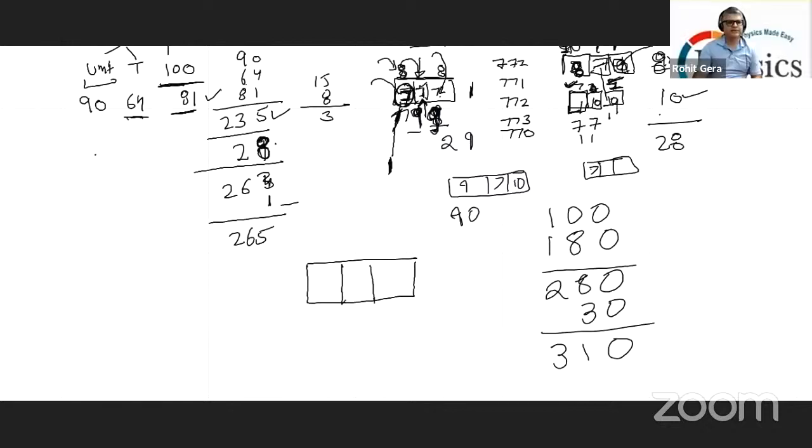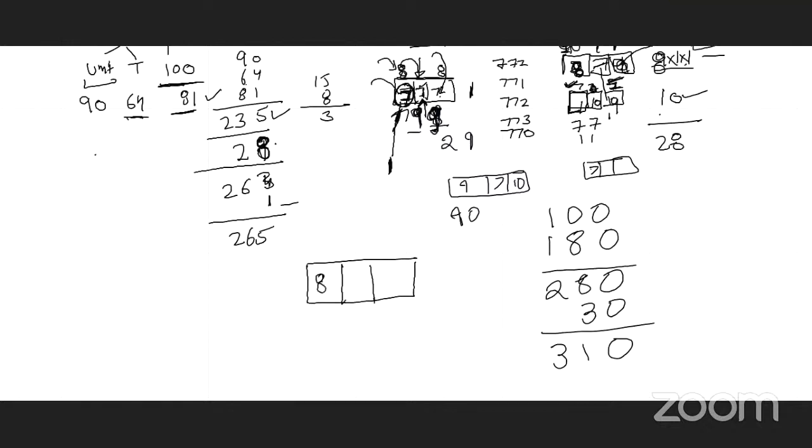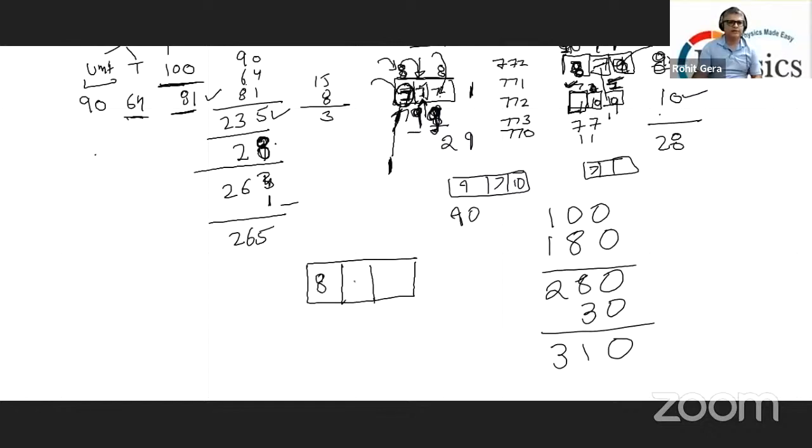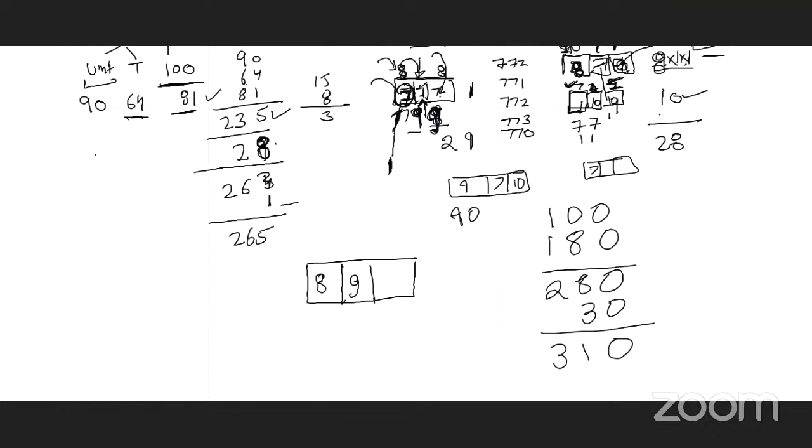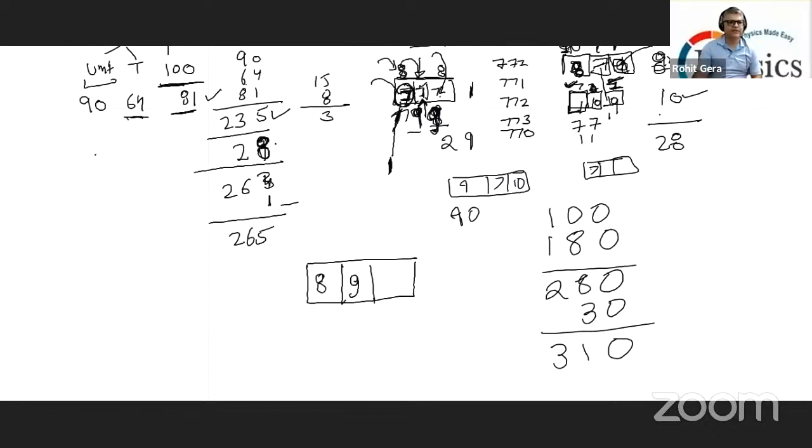So this is 8 because you can't have a 0. Then you have a 9 because 7 cannot be used, right? So you're left with 9 and another 9.